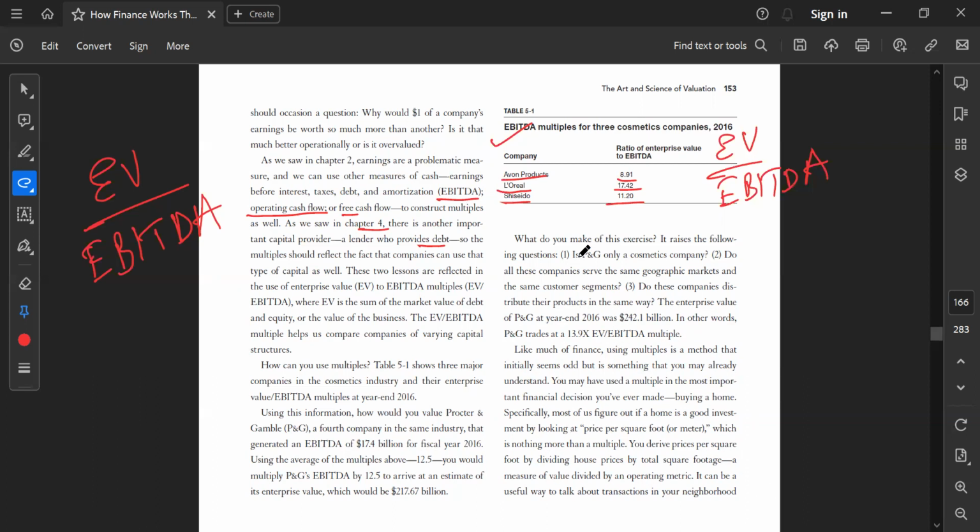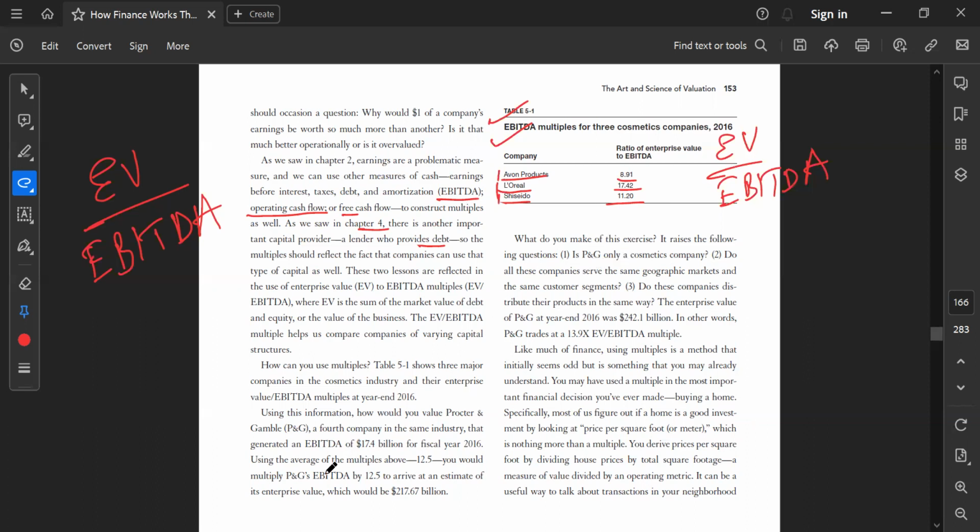Okay. So here it says that this is an exercise where we use different companies. For example, Avon, L'Oreal, Shiseido. These are companies of different industries.